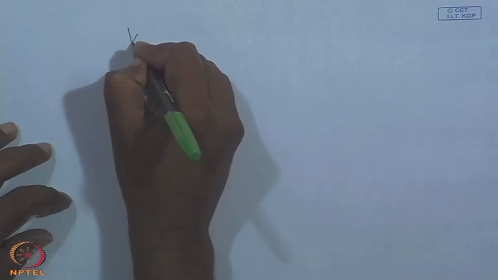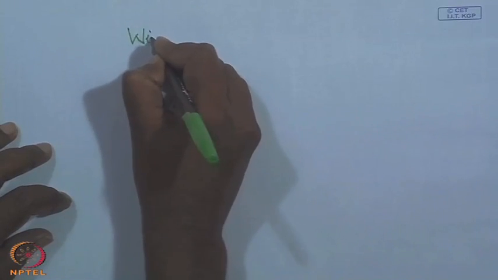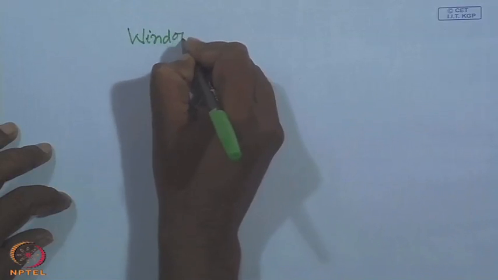We said initially that there are many other techniques, but the other technique that we are going to discuss in this course is what is called the window based technique. So, the next technique that I will discuss now is what is called window based technique.